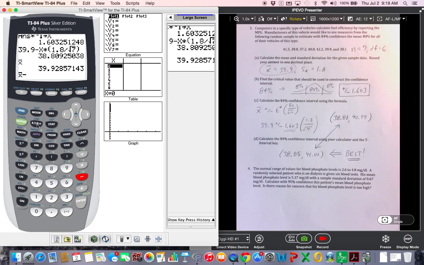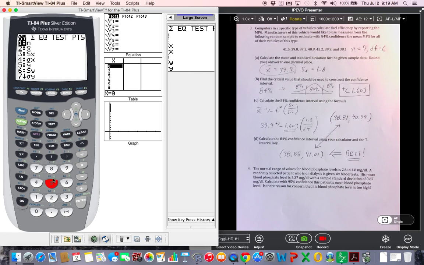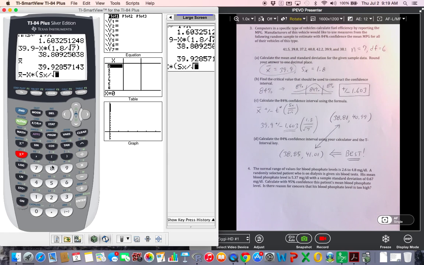Now we can use our x thing times. Now let's go get the standard deviation, which is at number 3, divided by the square root of what, 7?